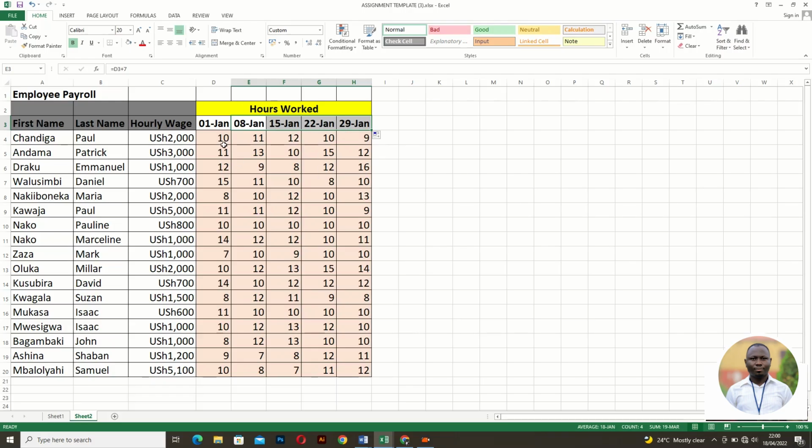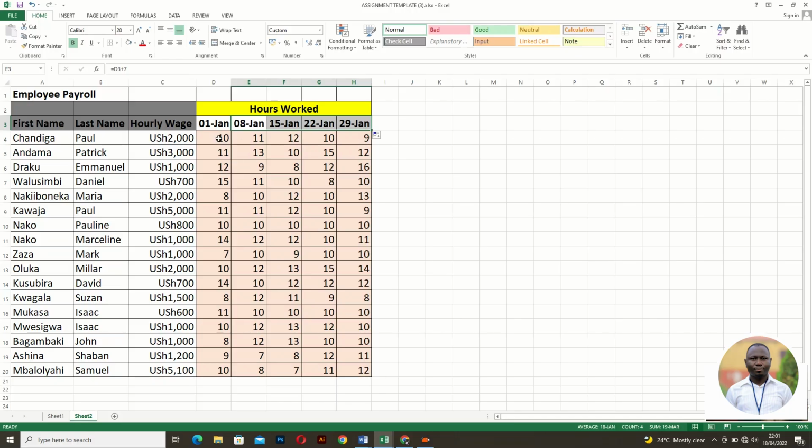Then we have what we call the hourly wages. Let's say this is a primary school where work starts at 7 a.m. and ends at 5 p.m., and those are roughly 10 working hours.